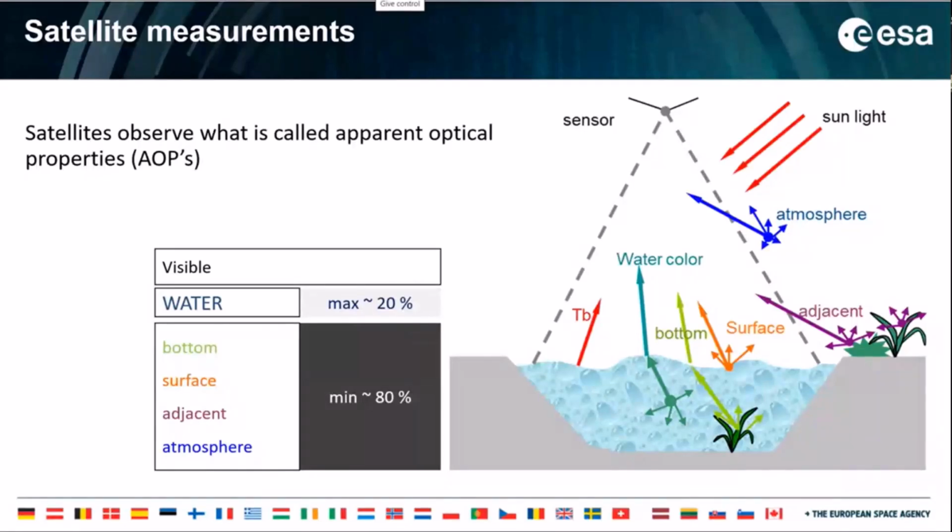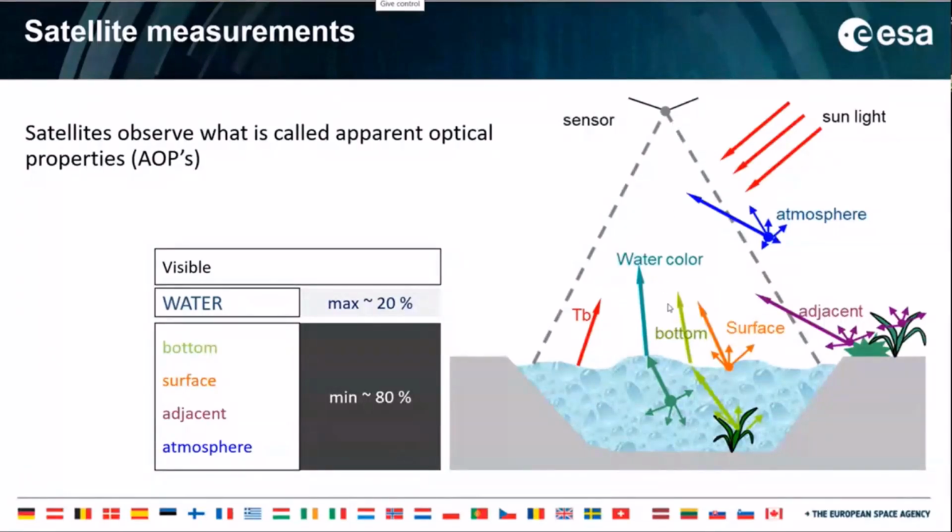Part of this radiation will never be able to make it to the bottom, either because the water body is deep, or we have a lot of turbidity. We will look at this later. Part will go to the sensor.